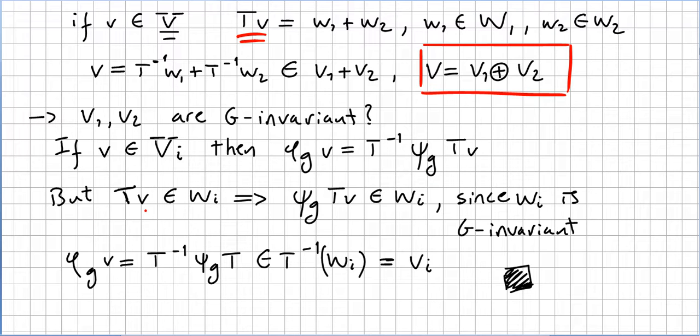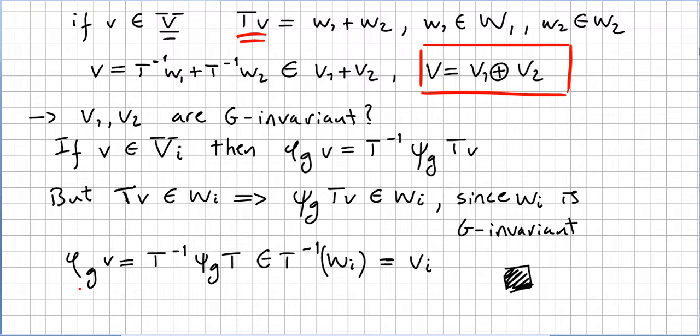But the transformation of v is an image, so it should be in the space W. So psi g of T v has to be in one of the subspaces W1 or W2, because Wi is g invariant.